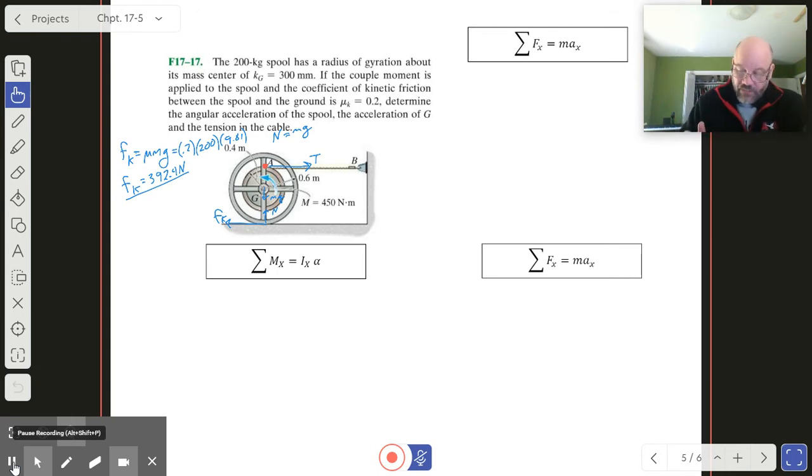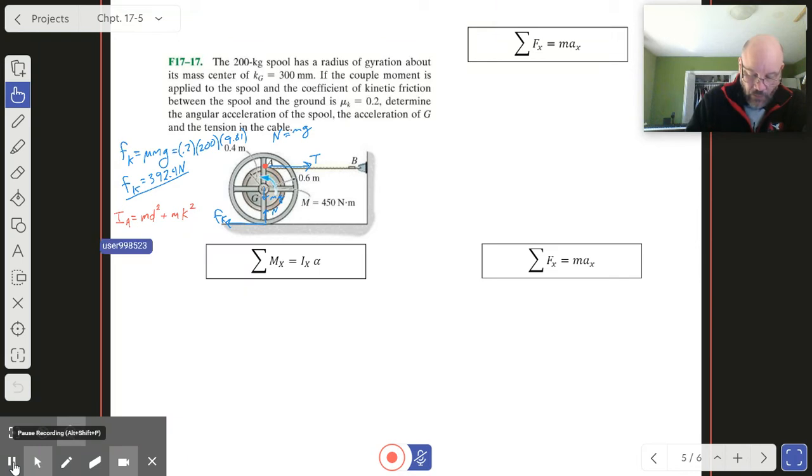Okay, so we need the moment of inertia around A. So we need I sub A. So we're going to need an offset term using the parallel axis theorem, and then our moment of inertia based on the radius of gyration term, which gives us that.